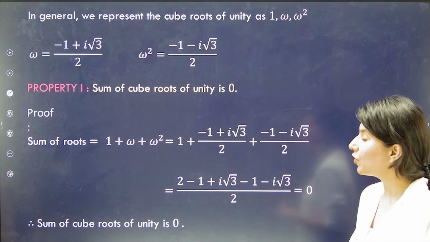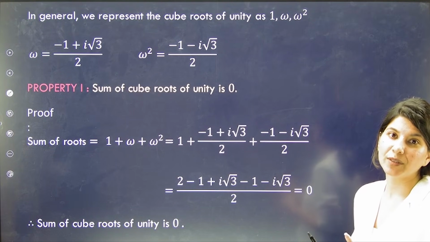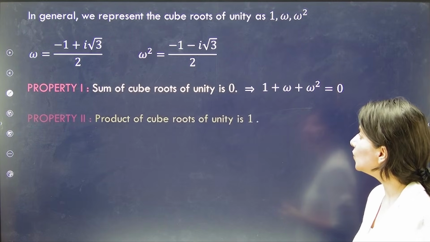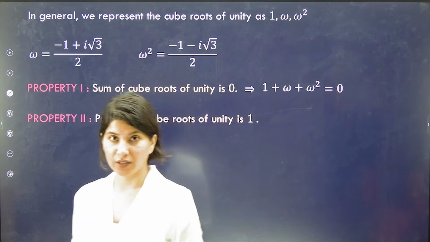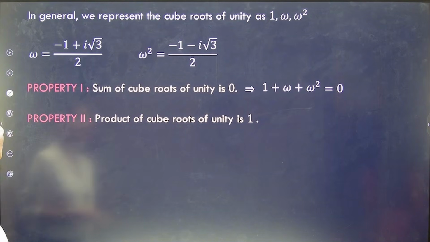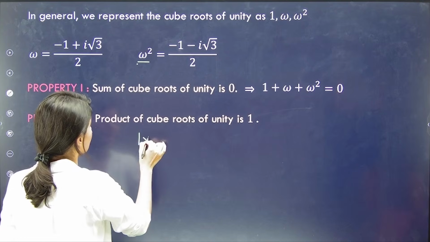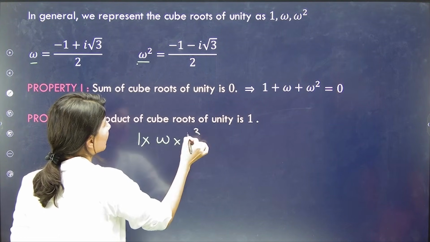So 1 plus omega plus omega square becomes 0. The next property is omega cube, that is, the product of cube roots of unity. Product means: the first root is 1, the second root is omega, the third root is omega square. Alpha, beta, gamma.